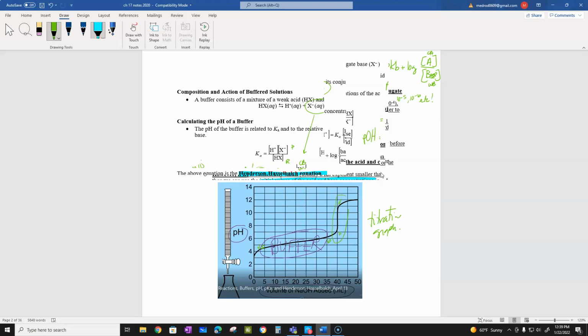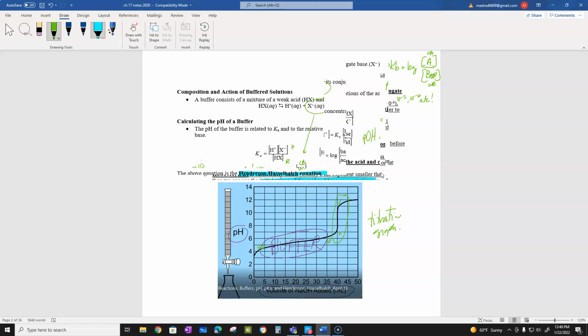That's huge. That's a big change. So the buffer region is where, down here, all I'm doing is adding base to this acid, and the pH is just going up barely, slightly. And then suddenly it goes up, a big change in pH.